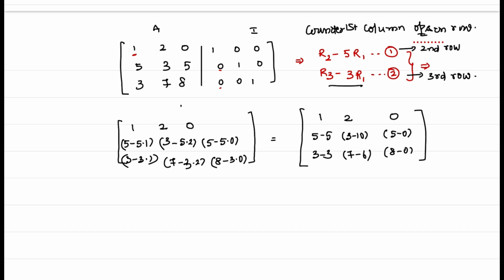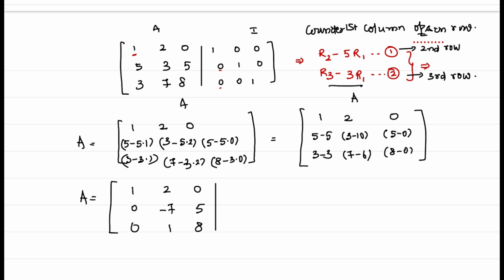This is for A. And what happened to I? We have forgotten. This is what has happened to A. Then A is equal to the revised one: 1, 2, 0; 5 minus 5 is 0, 3 minus 3 is 0; 3 minus 10 is minus 7, 7 minus 6 is 1; 5 minus 0 is 5, 8 minus 0 is 8.